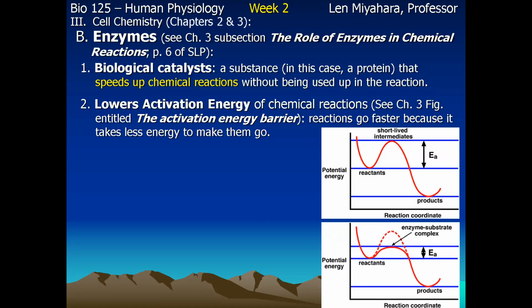What enzymes do is they lower the hump. And if you lower the hump, that reaction doesn't have as much of a barrier and it goes faster. So this is tied to this. That's how they work as biological catalysts, because they lower the hump.